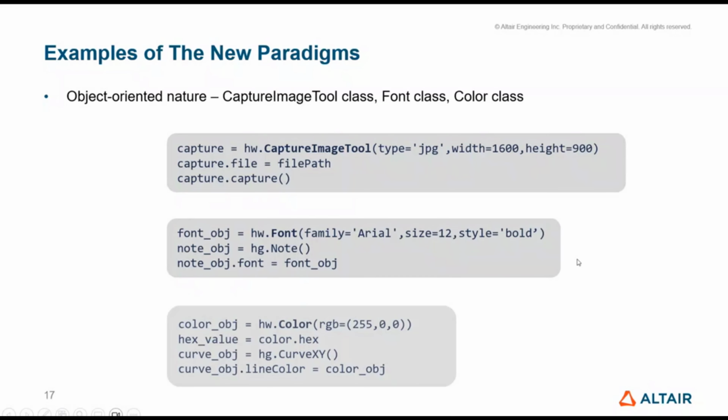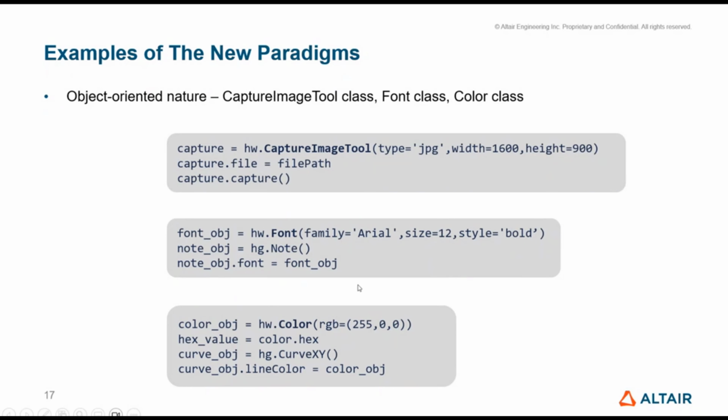Similar, the font and the color, it can be directly specified on an object. We didn't want to overcomplicate things for the user, but at the same time, you can create an instance of a font class or of a color class and then use this object as the definition of that specific property on either a node or a curve.